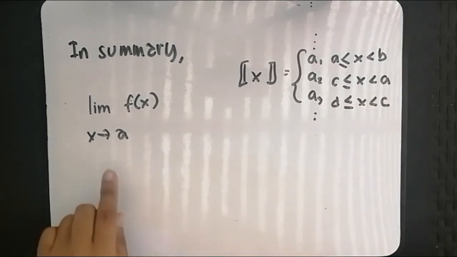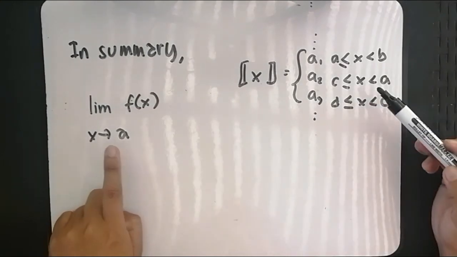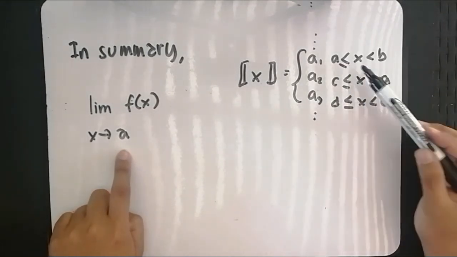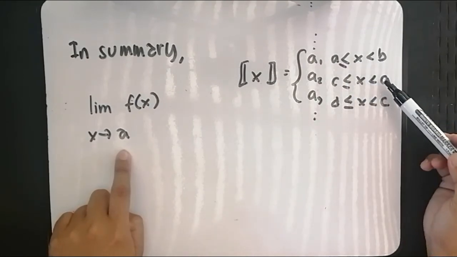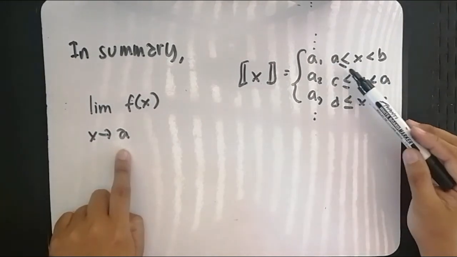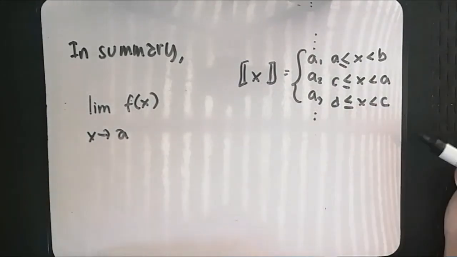So parang ganyan. Ginagamit natin siya kapag yung a natin is nandoon sa endpoints. Otherwise, pwede lang nating tignan kung nasaan yung value ng x natin. So in this case, since si a ay nasa endpoint, then we have to use one-sided limit to evaluate the limit of f of x.